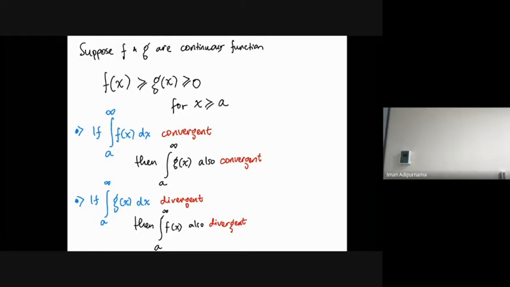We can use any simple function like this one, and then compare with the question. If we can prove this is true, then the integral of h(x) dx also converges, by the comparison theorem.